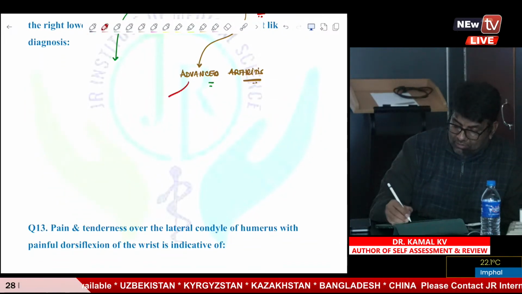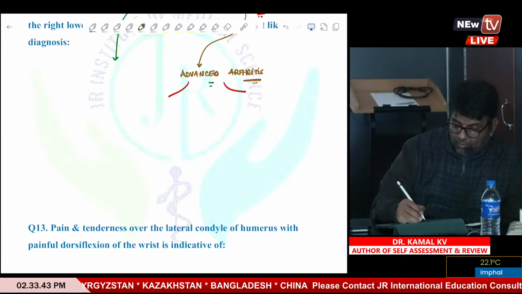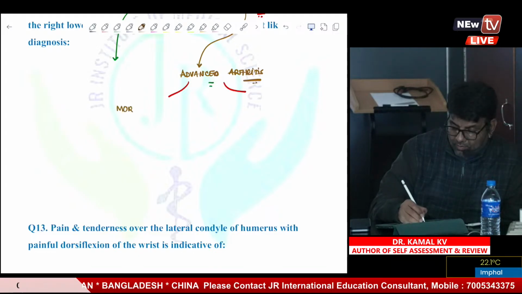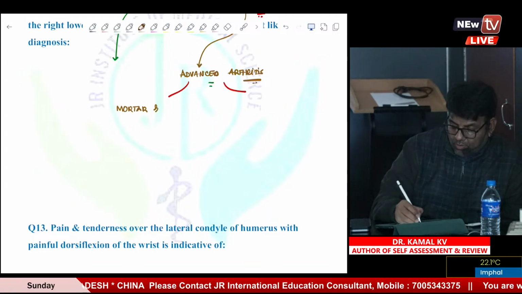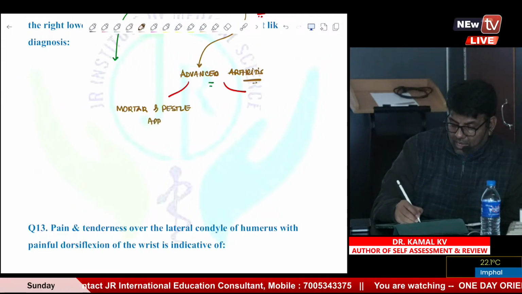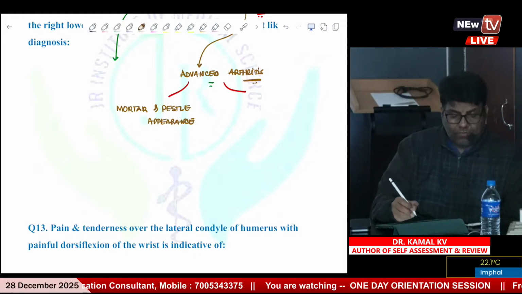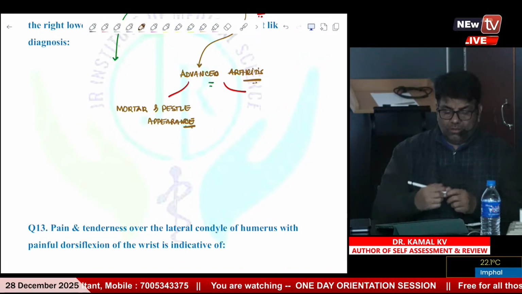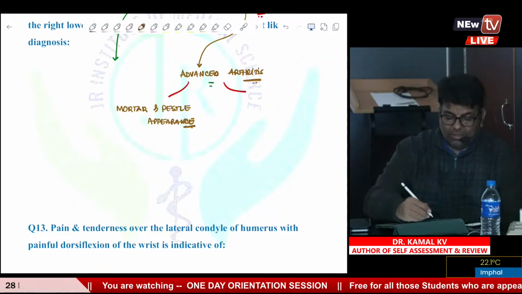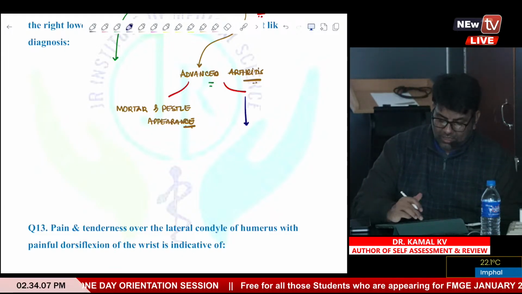Now in advanced arthritis, you should remember two terms which are very frequently asked. One is mortar and pestle appearance. Any idea what this is? If you have seen those Ayurvedic doctors, they have a device to crush the medicines.